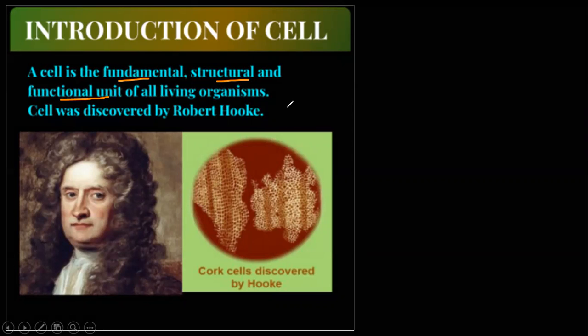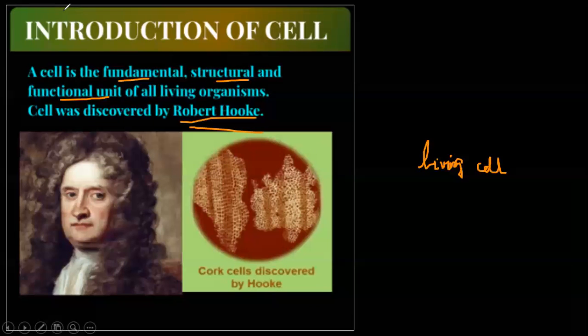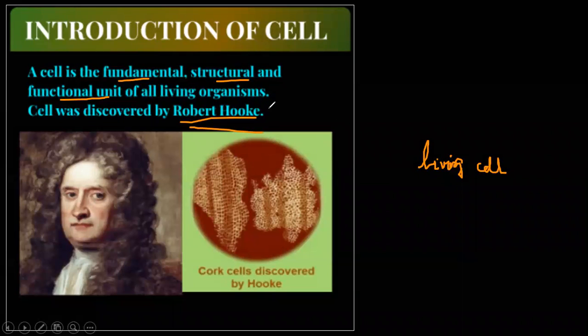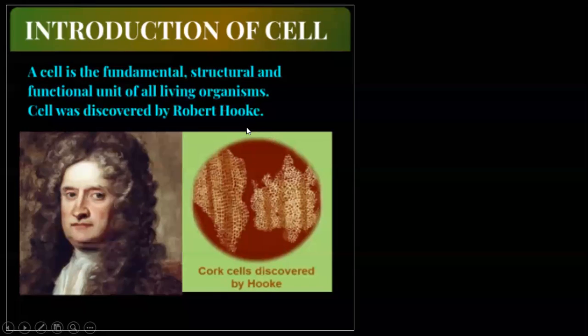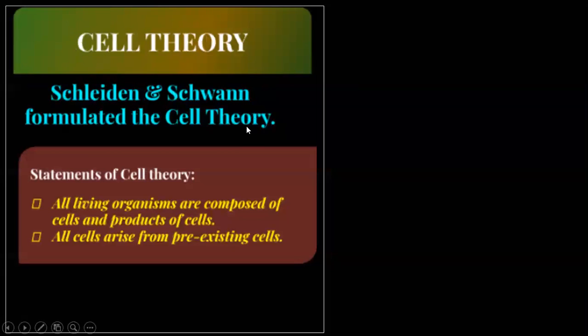A cell was discovered by a scientist known as Robert Hooke, and a scientist known as Anton van Leeuwenhoek first observed the living cell. He was the first scientist to observe a living cell. Clear with that? So the scientist who discovered the cell is Robert Hooke, and the one who observed the living cell is Anton van Leeuwenhoek.